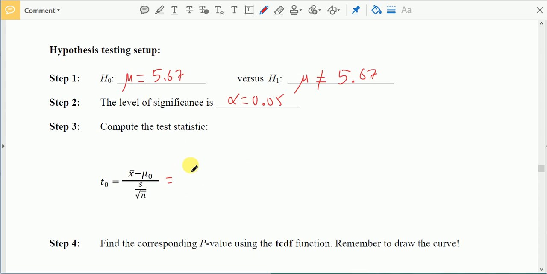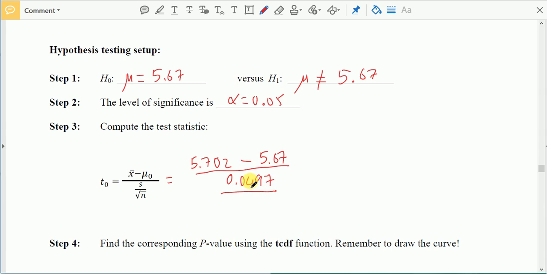So x bar is the one I just had above, 5.702, let's just keep 3 decimal places, minus the null hypothesis 5.67, over s, which is the standard deviation. You can use the TI-84 and using those 18 values, you can find the standard deviation, and it should be 0.0497.